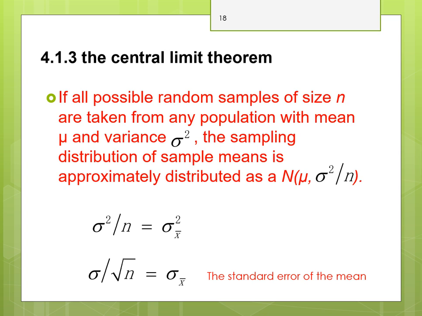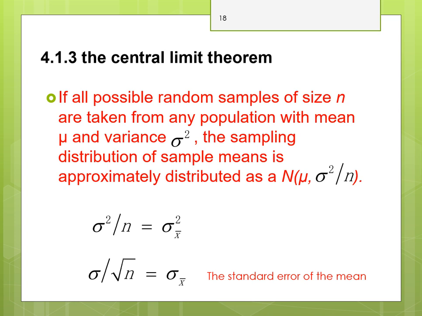We have already learned the meaning of variance, and how to calculate sigma square with the data of our population. When we draw samples from the population, we get new data which consists of the X bars.